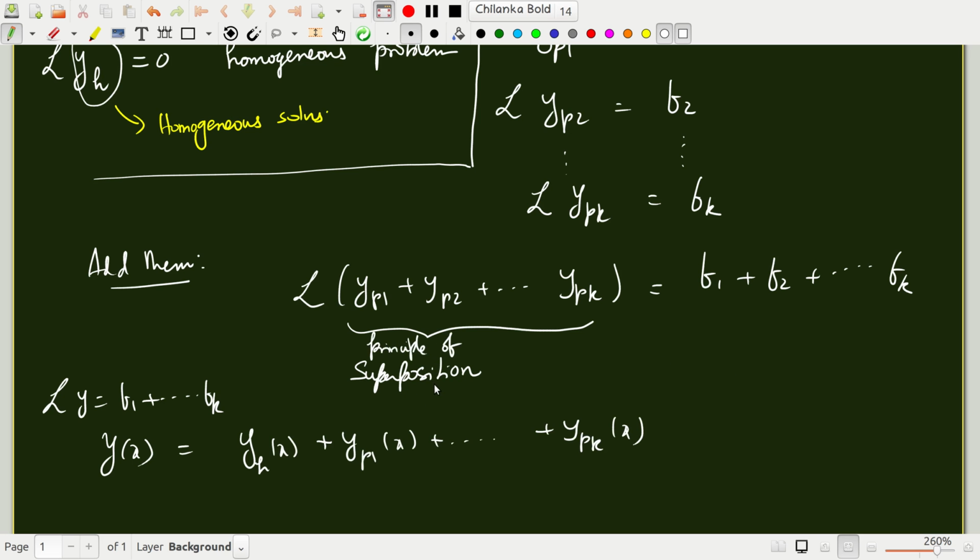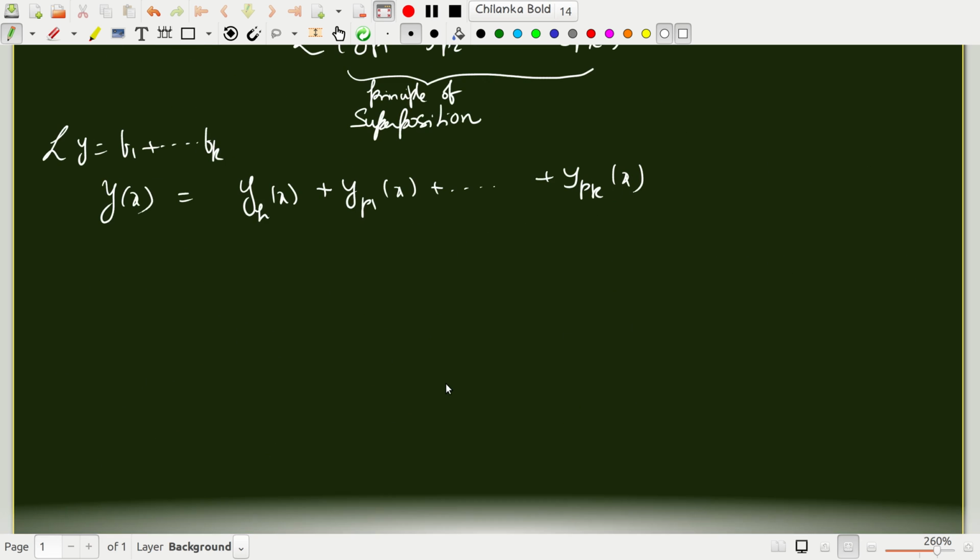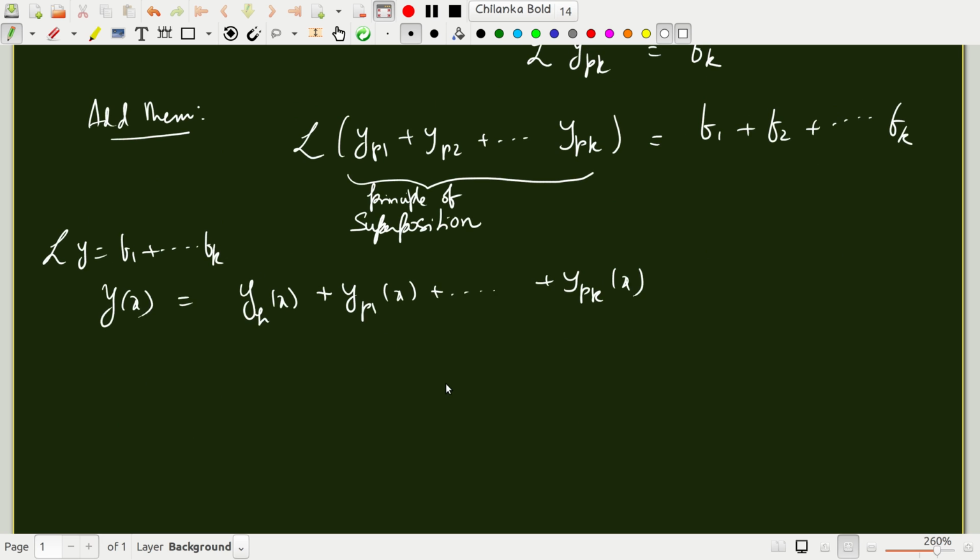This is very handy in the solution of more complex linear problems, wherein if you have the forcing as a sum of various terms, you can break down the forcing into individual terms, find the solution to each, and add them all up.